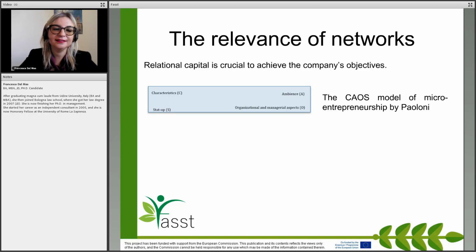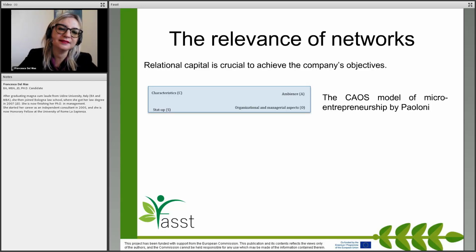Of course, the idea of chaos recalls something very difficult, complex and complicated, because this is actually what companies are. They are complicated, so we need to understand how they really work and how they should work to become successful. Within the CHAOS model, we have the C element.